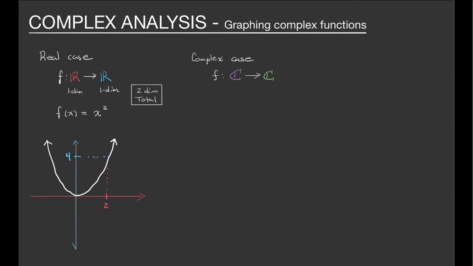In the complex case, what we're doing is we're going from the complex plane to the complex plane. And as I said, it's a plane, so we have two dimensions for the domain, then we have two dimensions for the codomain. If we add that up, we're going to get 4 dimensions total, which of course is a problem. We can draw a two-dimensional coordinate system here because the plane that we're writing in and that you're watching this on is two-dimensional.